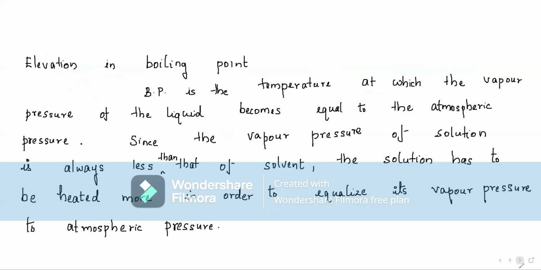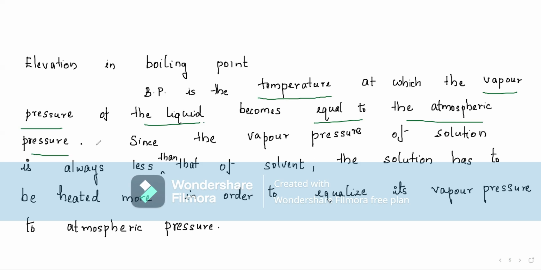Now, the second colligative property that we should discuss is elevation in boiling point. What is boiling point? The boiling point of a solution or a liquid is the temperature at which the vapor pressure of the liquid becomes equal to the atmospheric pressure.